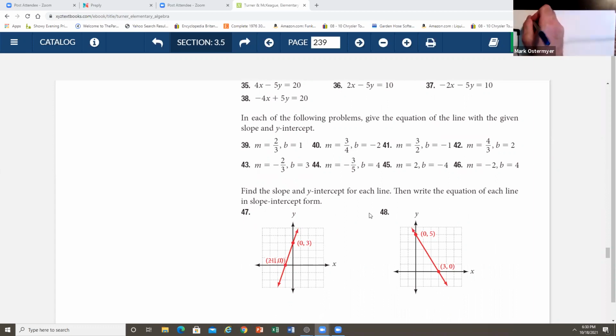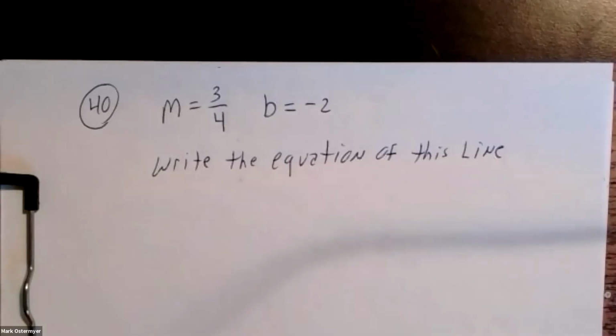Problem number 40. Now they give us a line that has a slope of 3/4, and they indicate that the y-intercept b is -2. They want us, using this information, to write the equation of this line. You think I can do that, ladies and gentlemen?